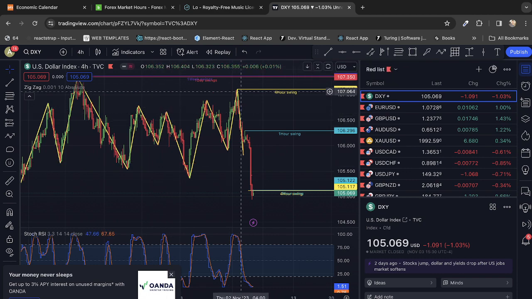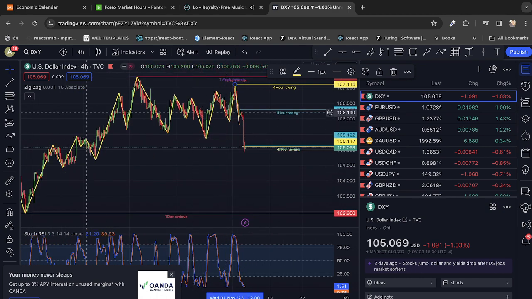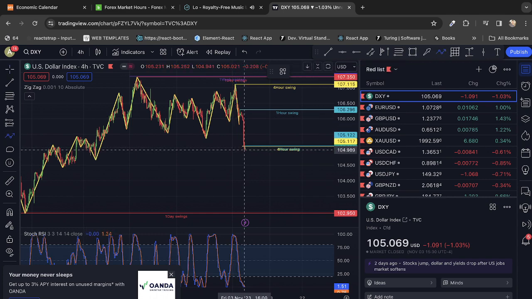And if we had to adjust our horizontal ray, this was the last stop that started the move on the downside. So this is our high here, and this will be our lower low, right? So if I'm going to take any trade on the 4-hour time frame, well, I wouldn't advise anybody to jump on the market at this point.